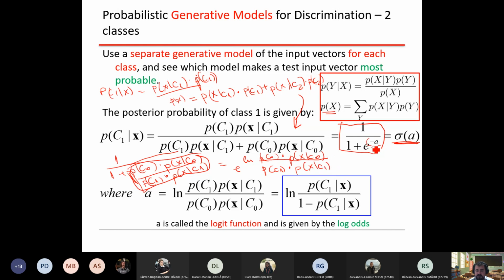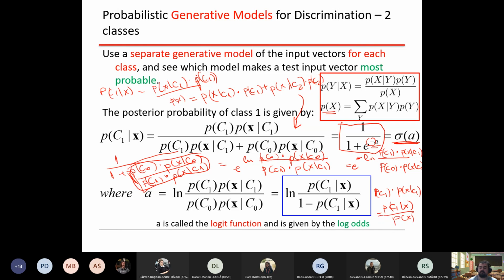But since we have this minus, we will have to invert it: minus logarithm of P of C1 multiplied by P of X given C1, divided by P of C0 multiplied by P of X given C0. Now, another important thing: P of C1 multiplied by P of X given C1 is P of C1 given X multiplied by P of X.